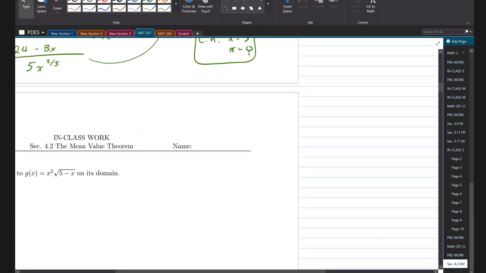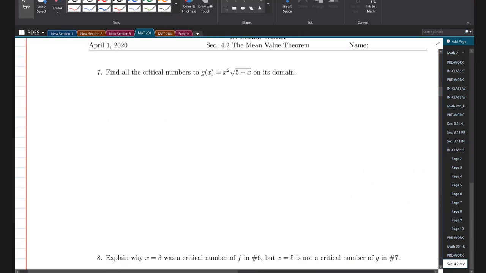All right. I'm going to do number 7 rather quickly here. It's the same idea. The first thing I'm going to do is identify the domain. The domain goes from negative infinity to 5, like so. If you want to see that, you simply say, what do we want?